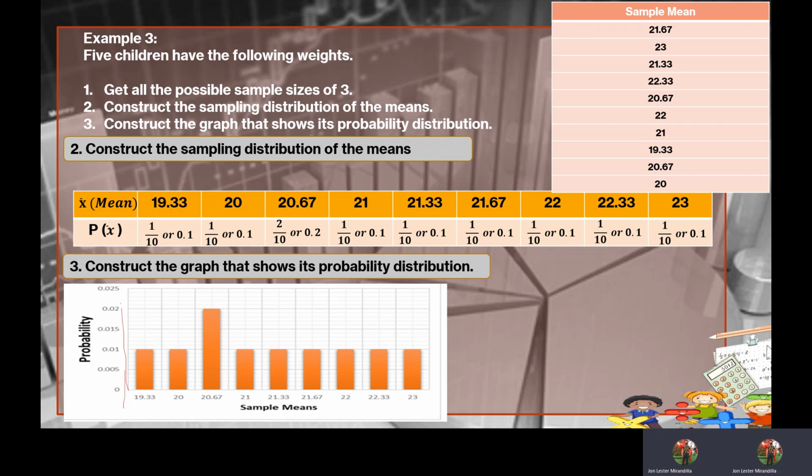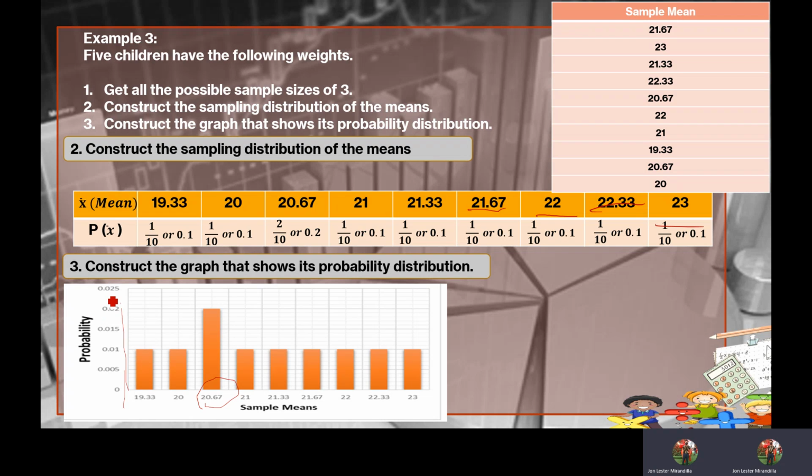But of course, dun sa ating 21, 21.33, 21.67, 22, 22.33, and 23, same lahat yan ng 1 out of 10 or isang beses lang sila nag-occur dun sa ating sample mean, kaya magkakapantay sila dito sa ating graph. Only 20.67 ang nag-occur ng dalawang beses sa ating sample mean. Kaya, nasa 0.02 siya sa ating graph.